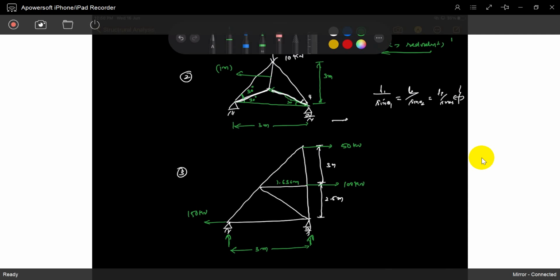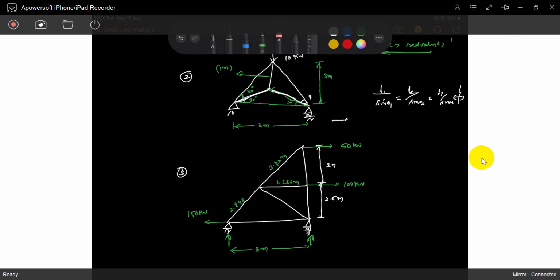I will give it: 3.42 meters. And also BA length, I will give it: 2.848.